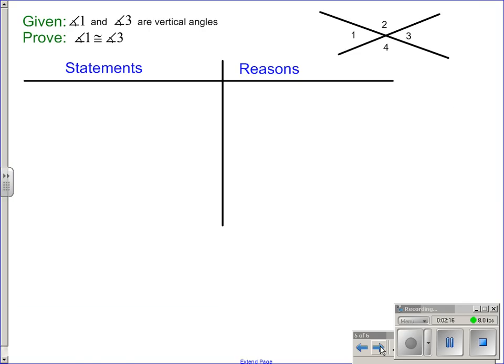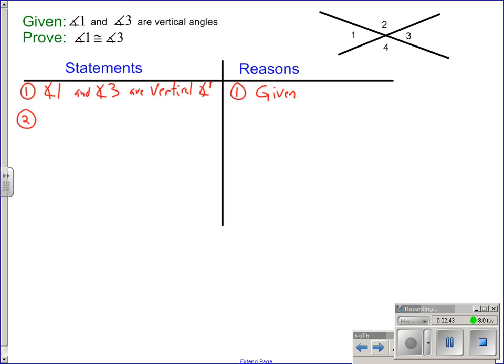To prove that vertical angles are congruent to each other, like always with proofs, we start with the given information: angle 1 and angle 3 are vertical angles. That is the reason it is true.